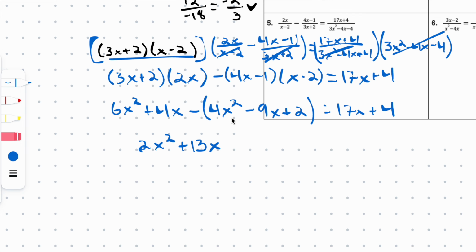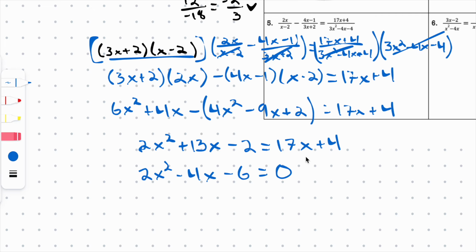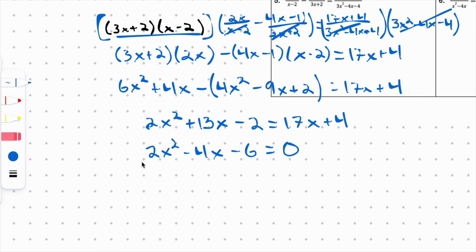And then we have minus positive 2, which is just minus 2. Again, that's equal to 17x plus 4. Now I'm going to subtract 17x plus 4 from both sides, such that we have 2x squared minus 4x, and then minus 6 equals 0. And then I'm going to factor out a 2.